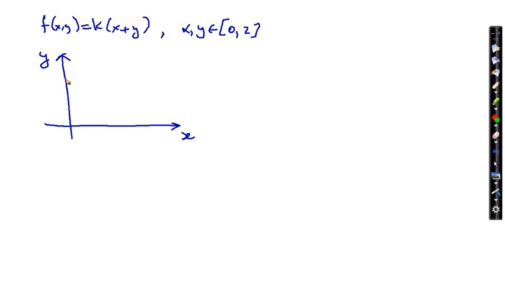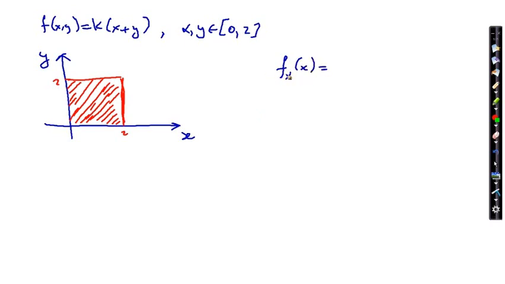The support is 0, 2, 0, 2, so this square, where f is non-zero, and everywhere else the joint PDF is 0. Now what we want to do is calculate f X.